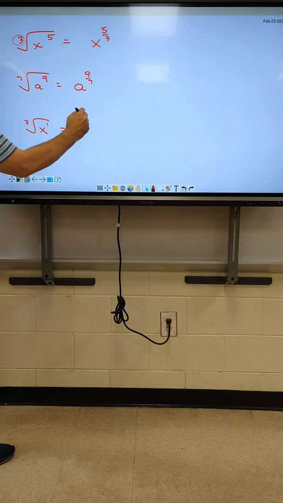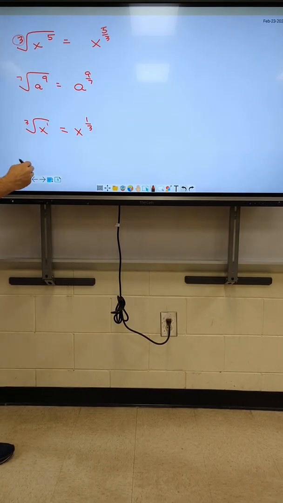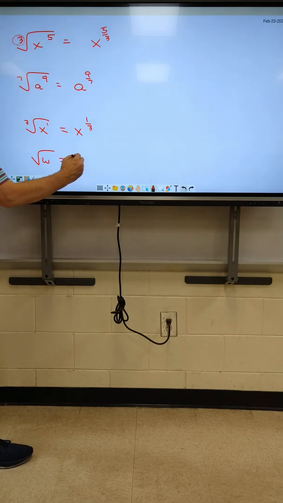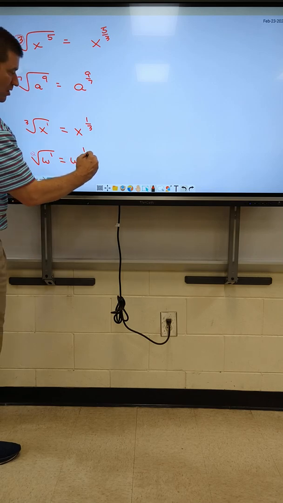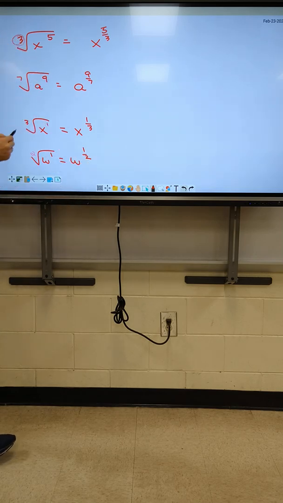So that'd be 1/3. Let me give you one more. Square root of w. W to the power of 1/2. Good. There's an understood 1 there, and since this is a square root, that means there's an understood 2 there. So it'd be w to the 1/2. All right, you guys have got to know how to do that for the next problem we're going to do.